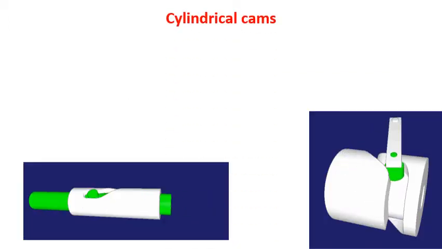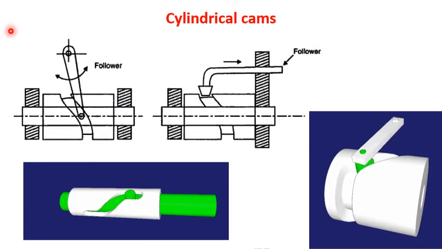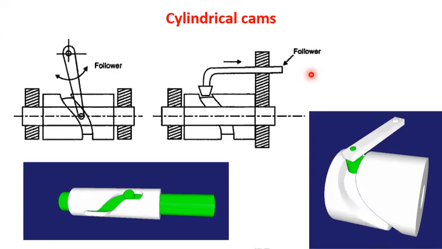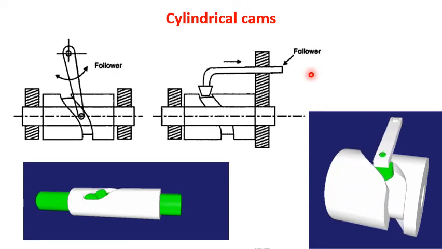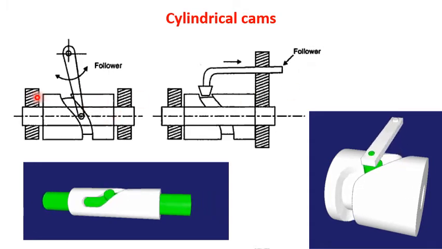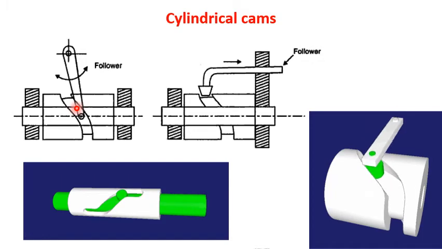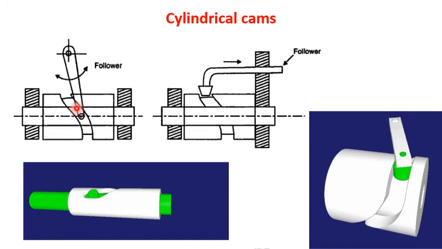So next one, cylindrical cams. This cylindrical cam is sometimes called a drum cam, because the shape of the cam is like a drum. Therefore sometimes we call it a drum cam.